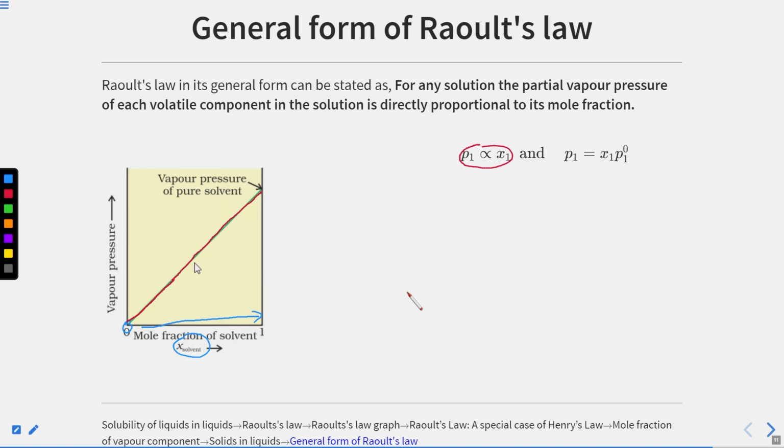And we have introduced the proportionality constant as P total, where P total is the total vapor pressure due to all the components present in the solution. So if we are talking about a binary solution, then we have P1 plus P2. So this was about a general concept, or extension, of Raoult's law.